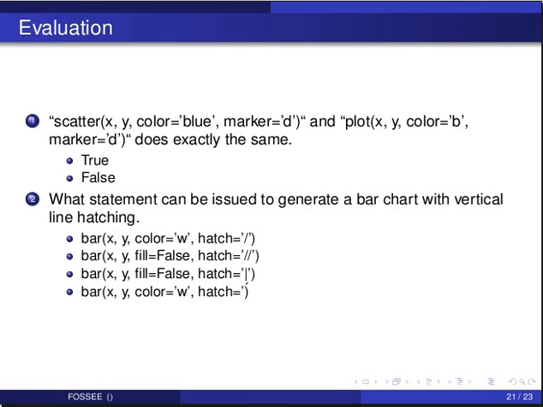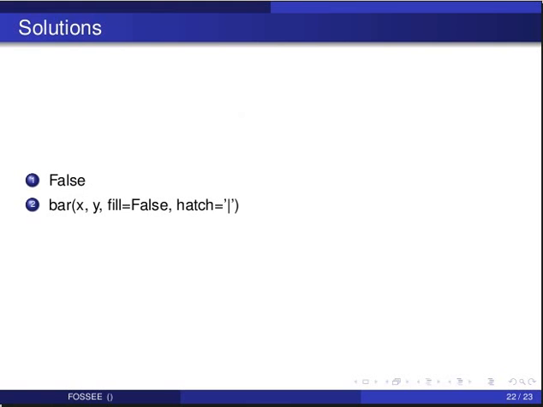Third, bar within brackets x, y, fill is equal to false, hatch. And the fourth, bar within brackets x, y, color is equal to within quotes w, hatch is equal to double quotes.